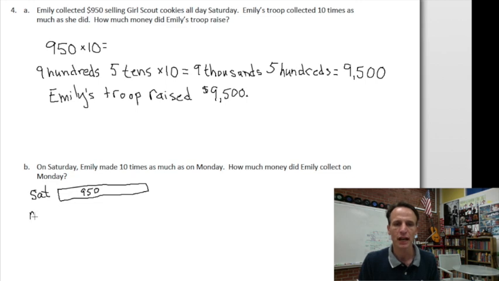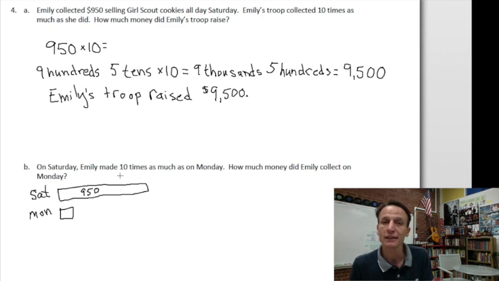On Monday, we know Saturday's 10 times more, so Monday's going to be smaller, right? In fact, it's going to be 10 times smaller. And that's what we're trying to find, right?